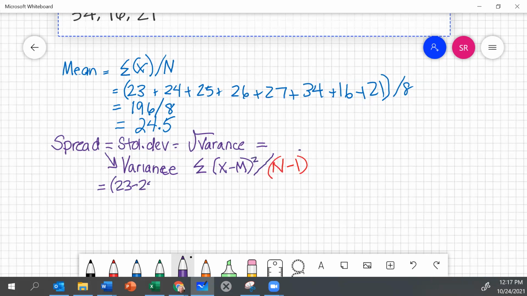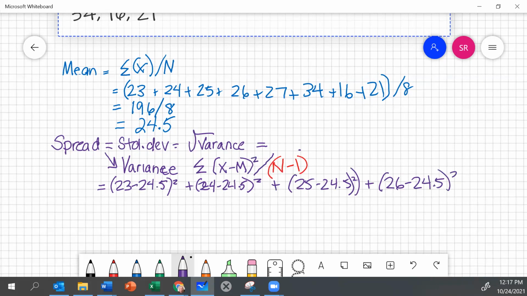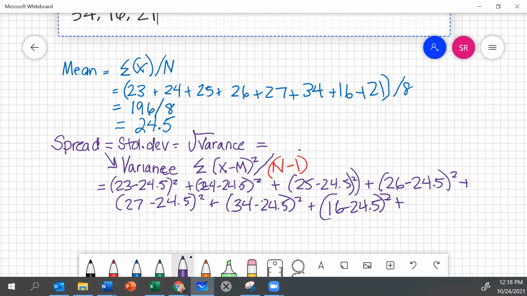So we're just going to take 23 minus 24.5 squared plus 24 minus 24.5 squared plus 25 minus 24.5 squared plus 26 minus 24.5 squared plus 27 minus 24.5 squared plus 34 minus 24.5 squared plus 16 minus 24.5 squared plus 21 minus 24.5 squared.